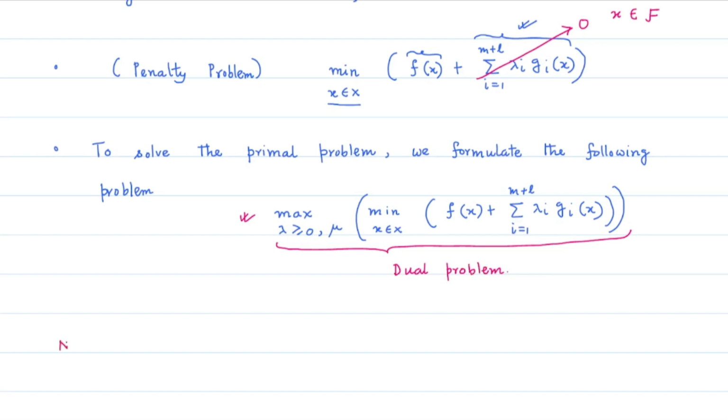And you know this penalty formulation is actually obtained from the unconstrained formulation of a constrained optimization problem.